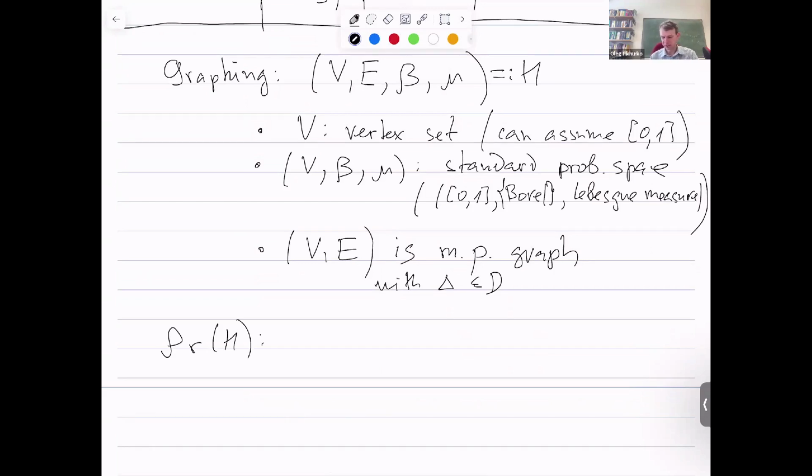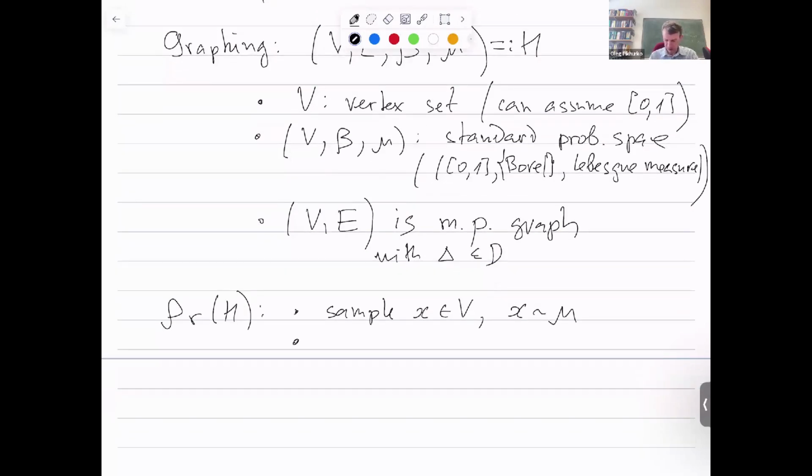Well, I have a probability space, so I can just sample a point X in V, distributed according to measure mu. Then I forget about the measure. I just look at the graph and I see what is at distance r from me in the graph, and that's my output.